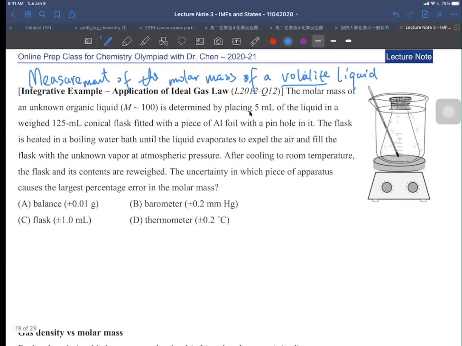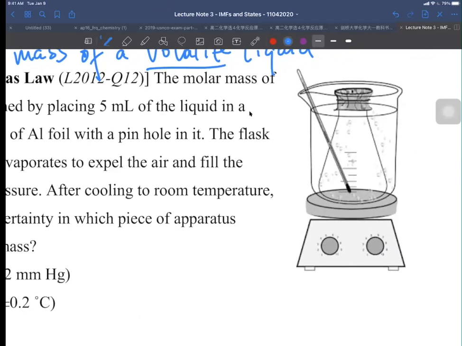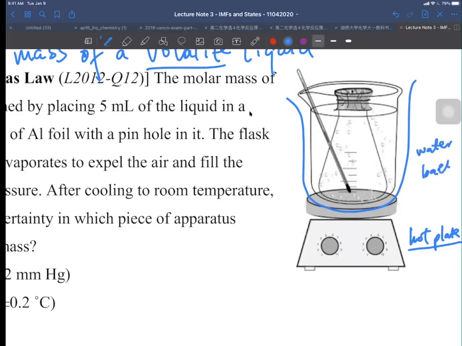First, I want to introduce the setup. You are going to have a hot plate, which can heat a water bath. So some water is put into the beaker. This is the water bath. The water will be kept in the boiling state, which means the water in the beaker will be 100 degrees Celsius.